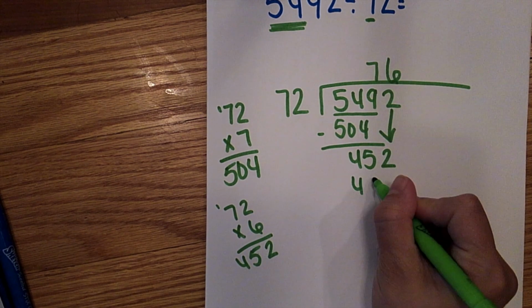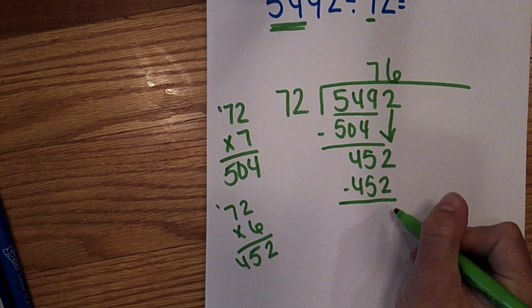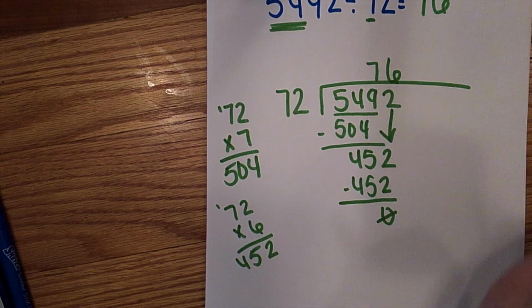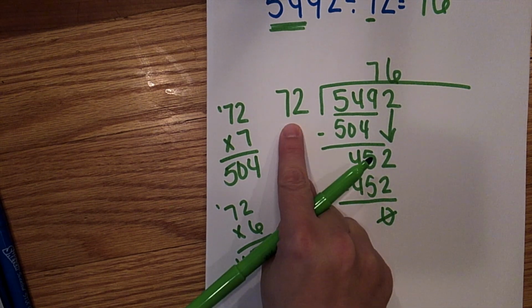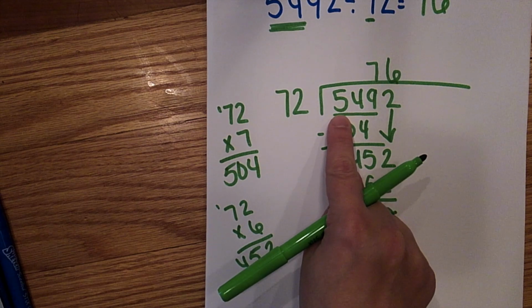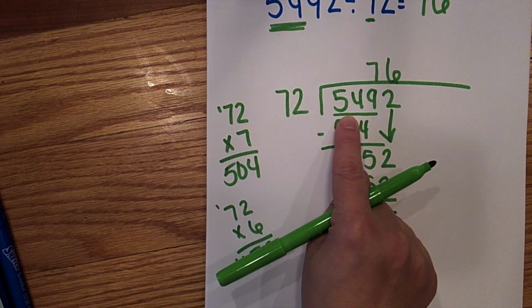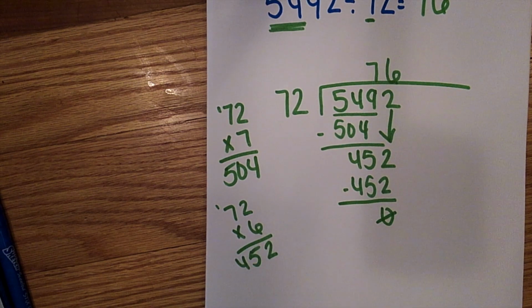So 6 is going to work. And so now I know that my quotient is 76. So make sure that when you are going into these problems, don't get all bogged down in, oh my goodness, what times 72 is 549. Look to see what times 7 is 54, and then it'll get you pretty close.